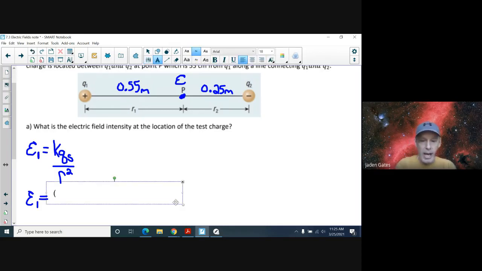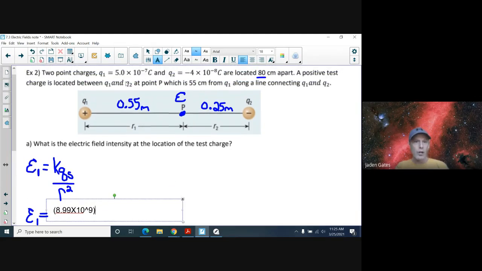So again, K is 8.99 times 10 to the power of 9. All right, the charge, what's the charge on our first charge here? 5 times 10 to the power of -7. All right, and of course that is divided by our distance squared.